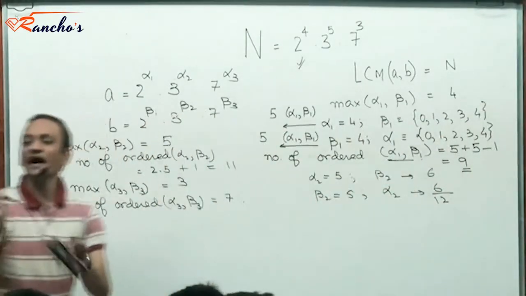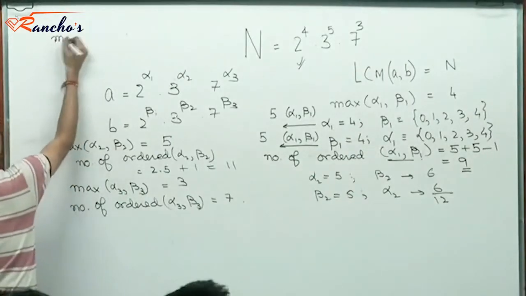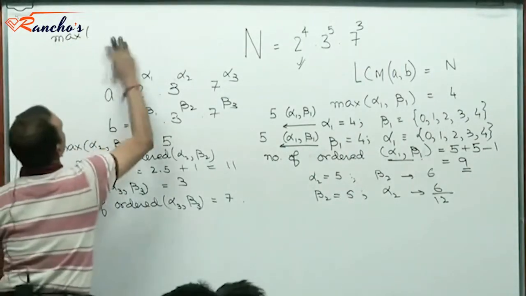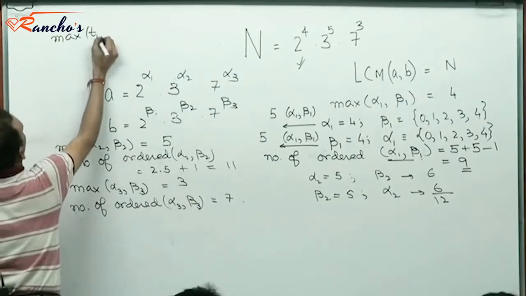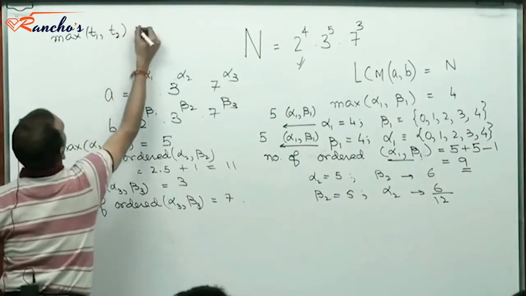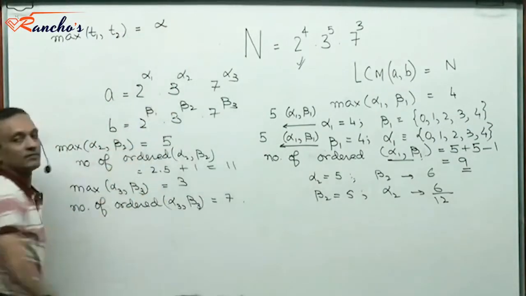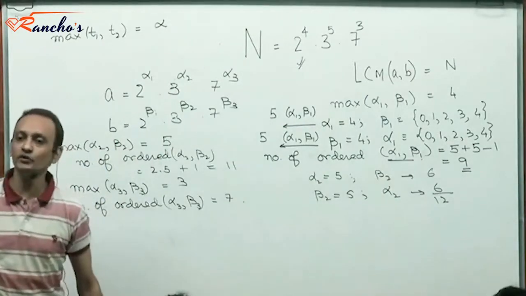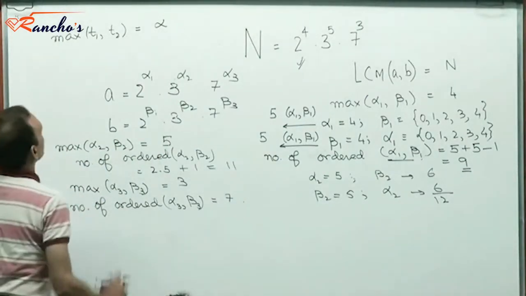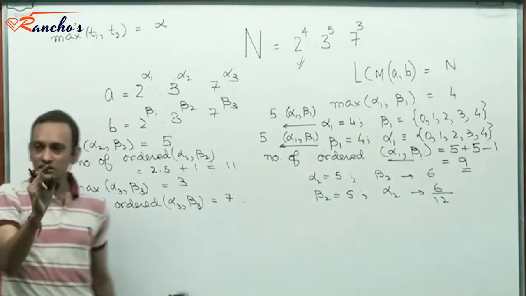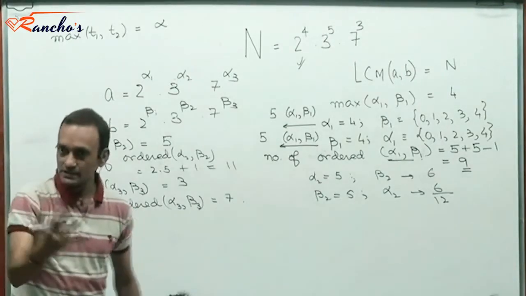Suppose I had an equation to solve like this. Maximum of, say, T1, T2 is some alpha, where the same conditions apply, they are whole numbers, right?